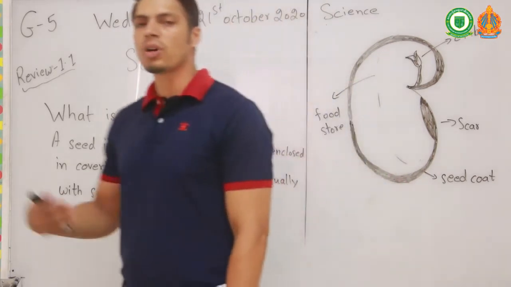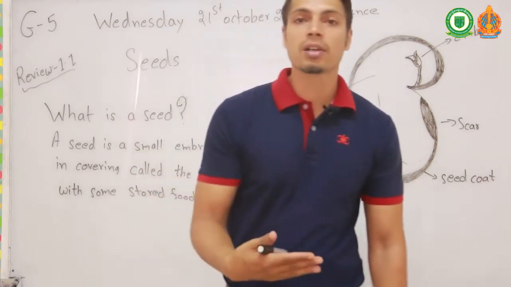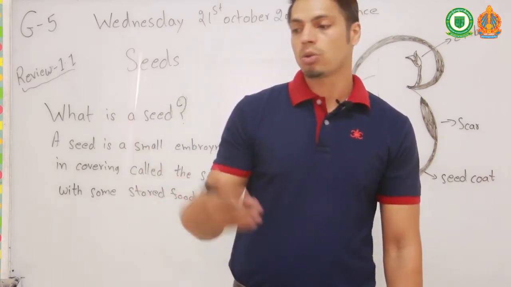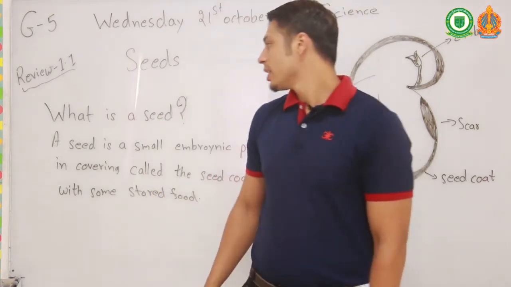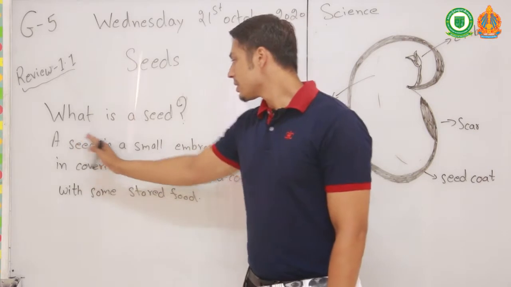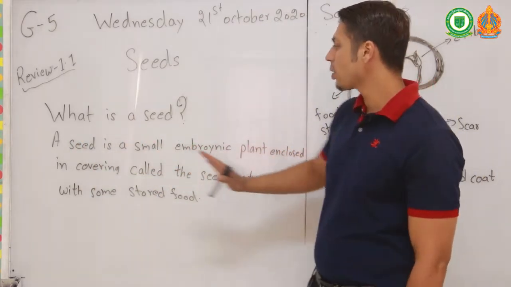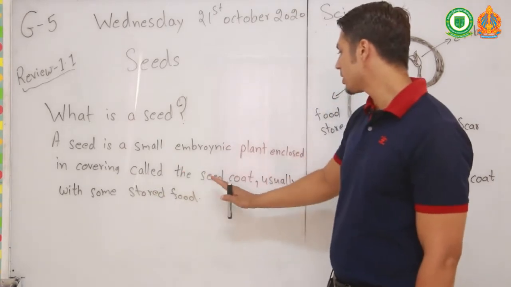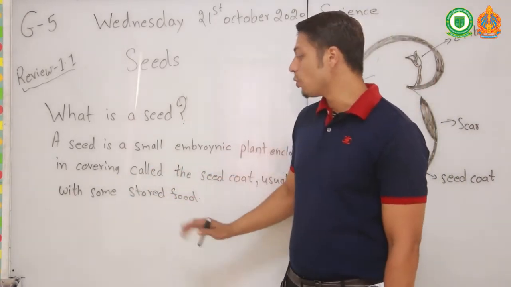So let's talk about what is a seed. Now we know where we can see the seed. Every fruit has a tree, but what is a seed? A seed is a small embryonic plant enclosed in a covering called the seed coat, usually with some stored food.